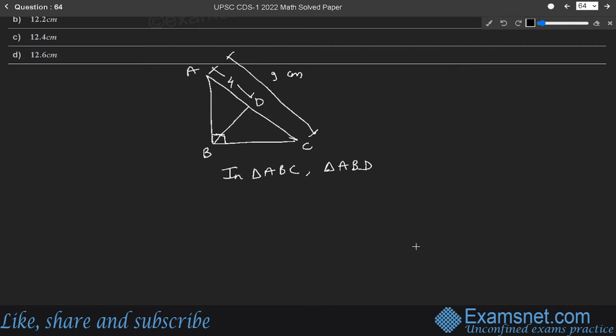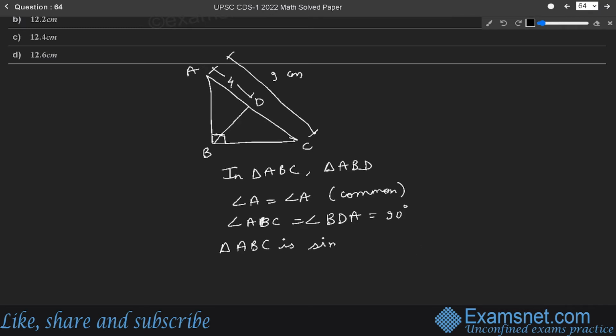In both the triangles, angle A is equal to angle A, it is common. And angle ABC is equal to angle BDA is equal to 90 degrees. Hence we can say that triangle ABC is similar to triangle ABD.